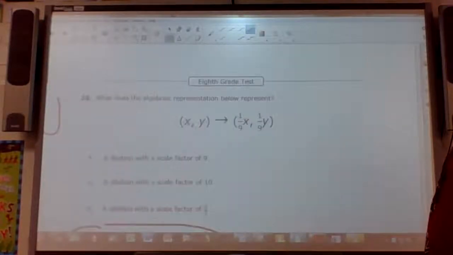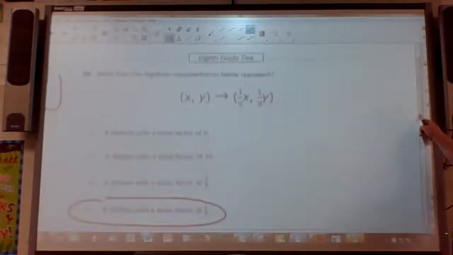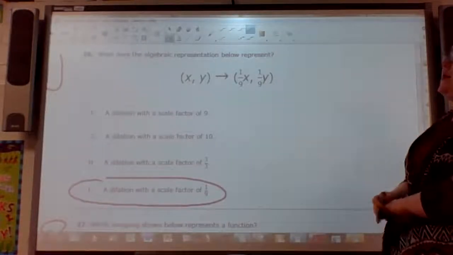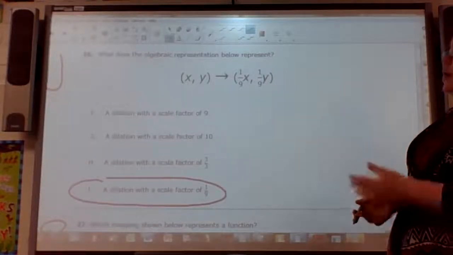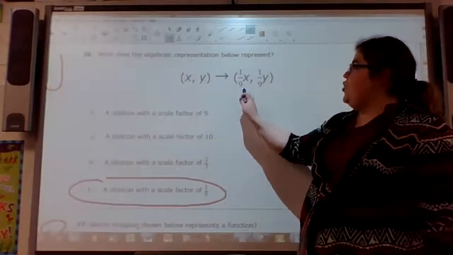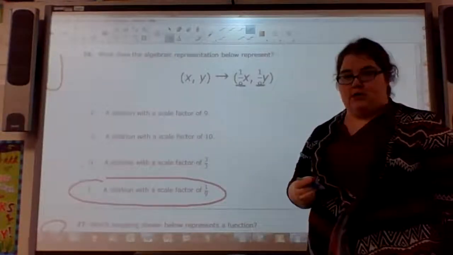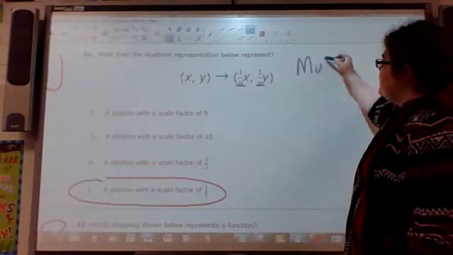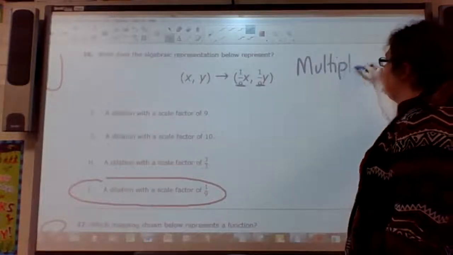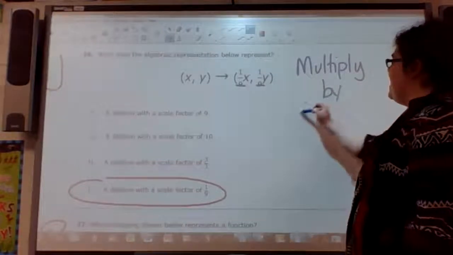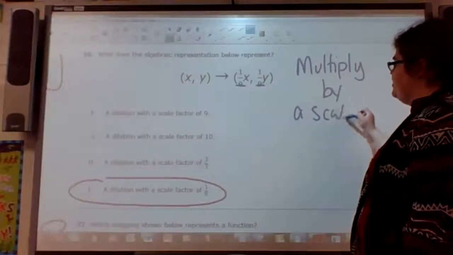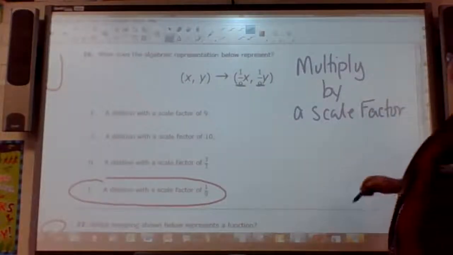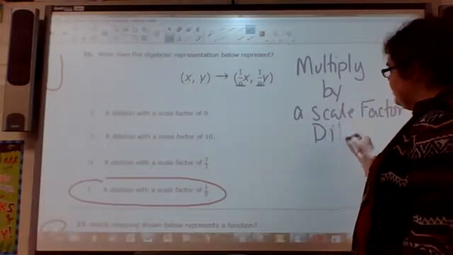And then number 26. What does the algebraic representation below represent? Anytime you are multiplying, that is dilation. Every time you multiply by a scale factor, it is dilation.